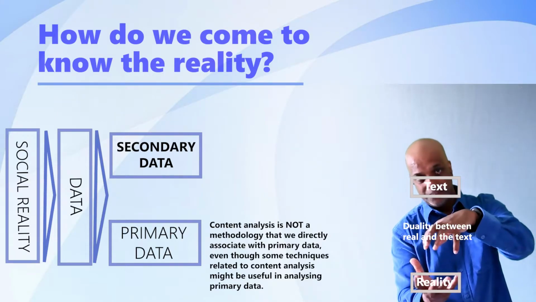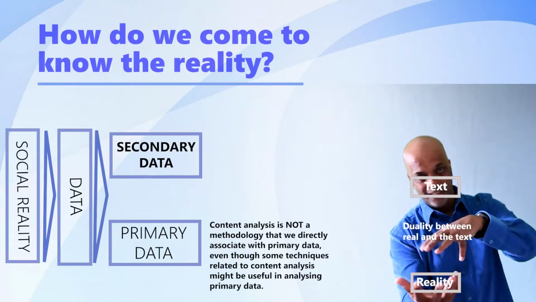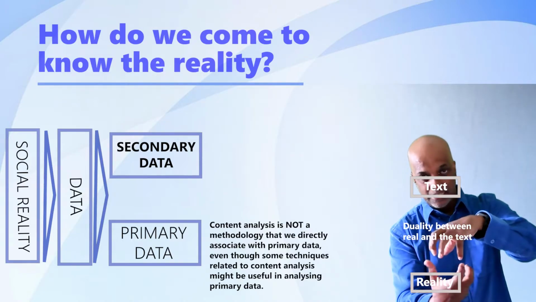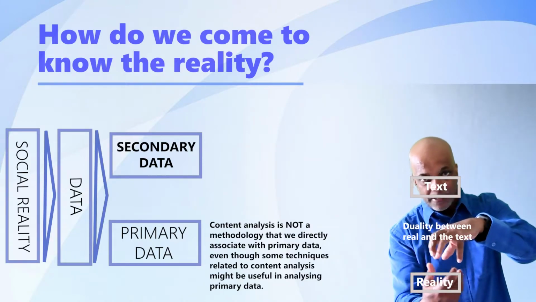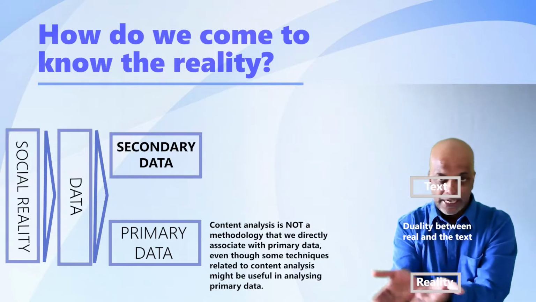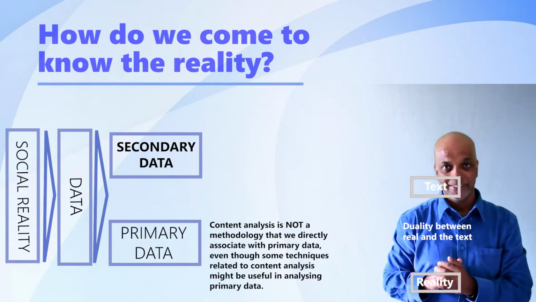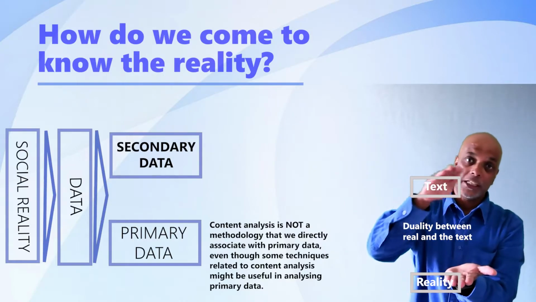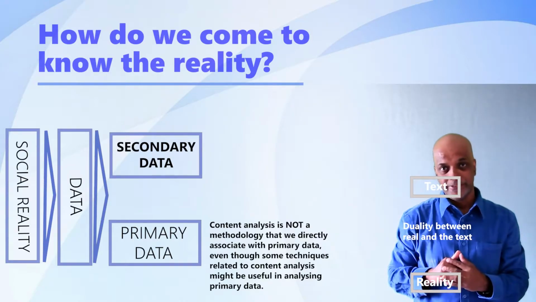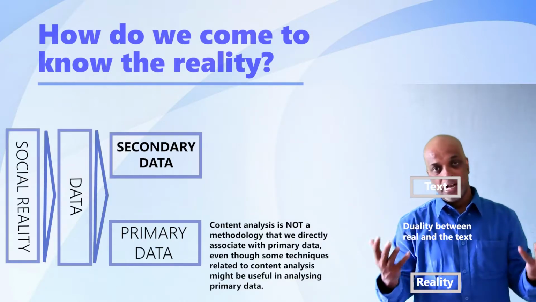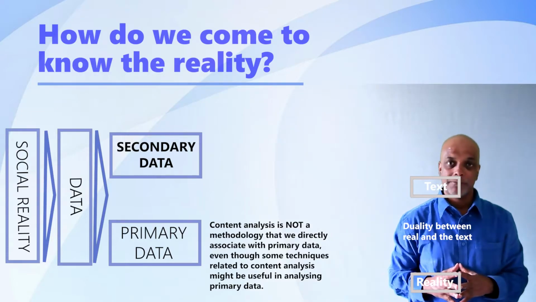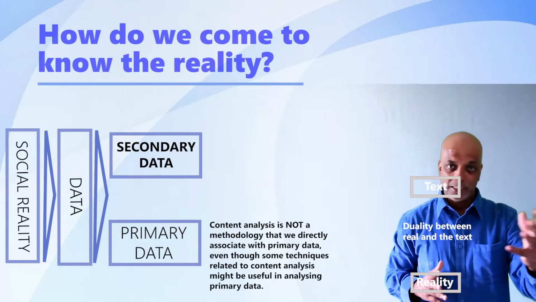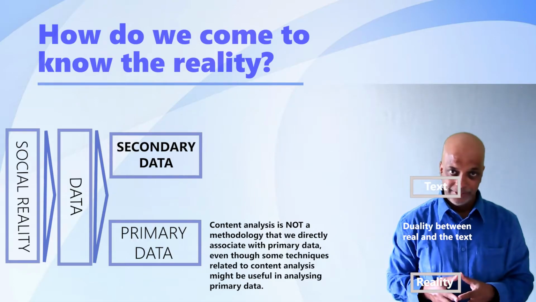So the practice or the reality is structured, the reality is organized in such a manner. When that reality happens, the reality gets recorded or textualized. Similarly, when a transaction takes place in a market, the transaction will get recorded.